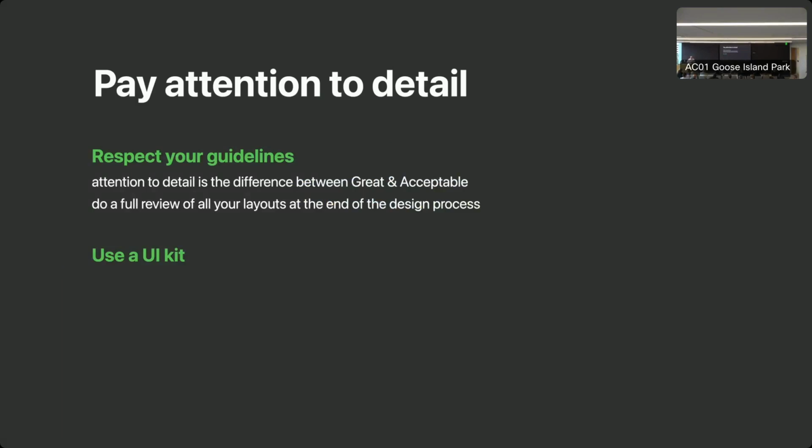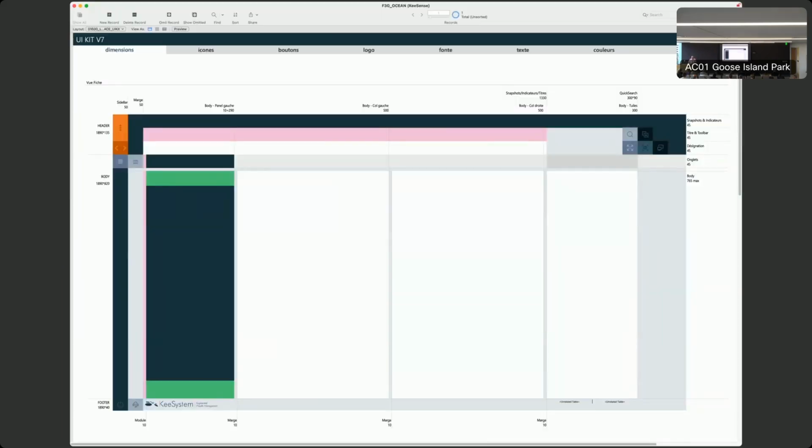So the easiest thing to do is to create a UI kit. You create your own rules, and you write these rules into a UI kit. This is good if you have several developers, or if you want to release several solutions with the same look. This is kind of a design catalog of your solution.